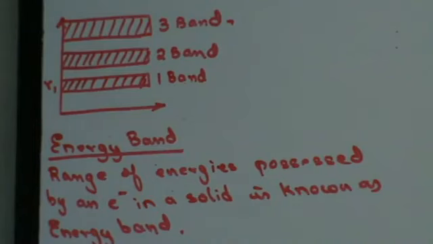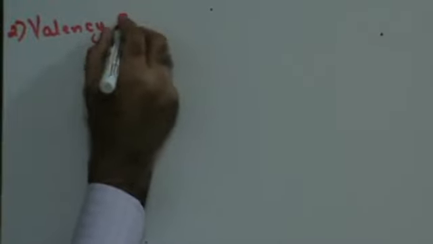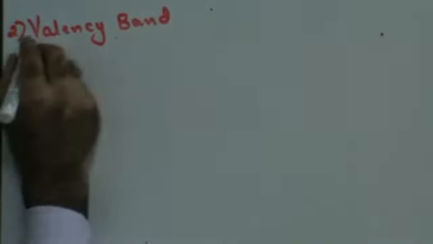Now, question, why do I need to understand energy bands? First of all, let's understand what is valency band. What do we understand by valency band? The electrons in the outermost shell are not strongly bonded to the nuclei. Why? Because they are at a very far away distance from the nucleus.